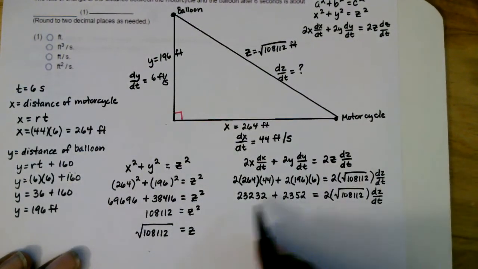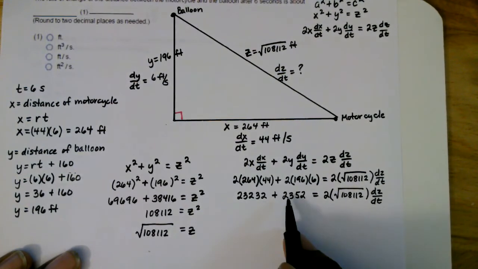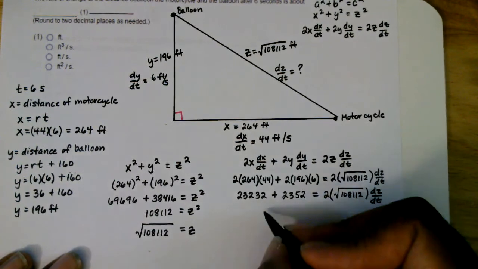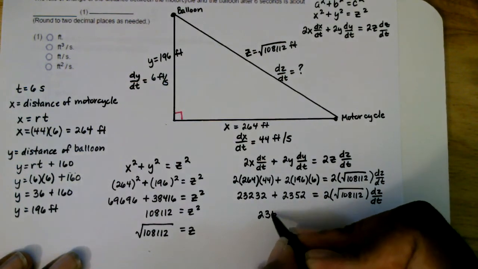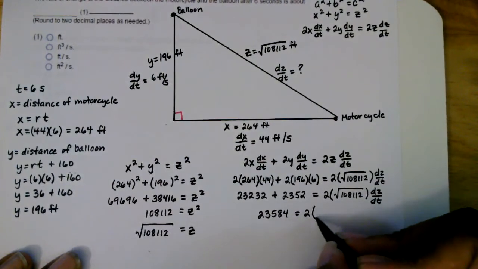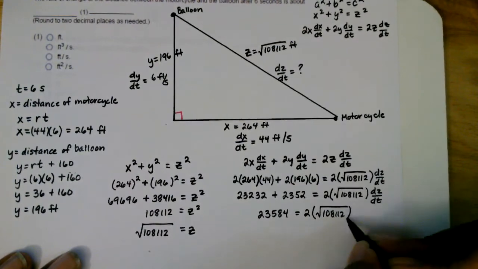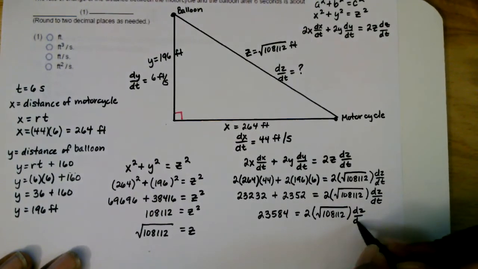Now, if I add these two numbers together, the 23,232 and the 2,352, I get 25,584. That equals 2 times the square root of 108,112 dz dt.